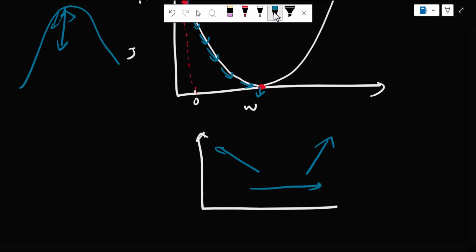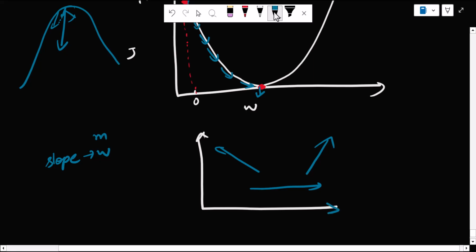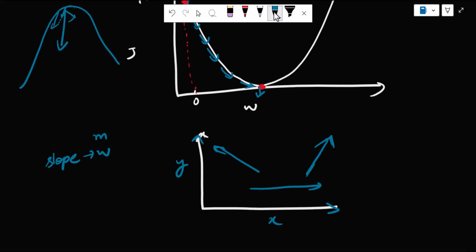What we learned previously in this tutorial is that slope, which we are indicating with w over here and earlier indicated with m also, is the rate of change of variable y with respect to x. Now if y increases with the increasing value of x, we get this kind of line. If it decreases with the increasing value of x, we get this line. And if it remains constant with whatever value of x, we get this line.